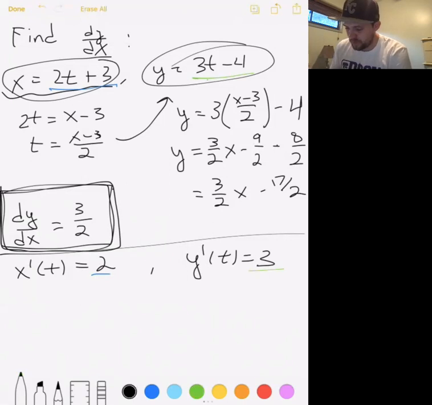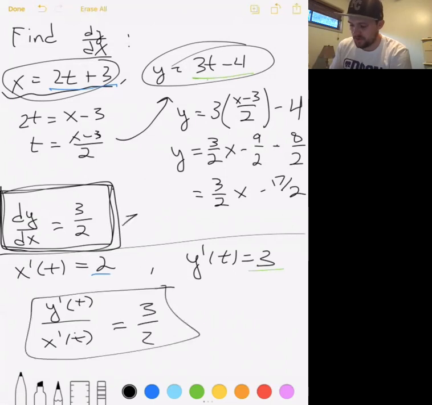And if we look at y prime of t over x prime of t, we get 3/2, which is the same as what we calculated from first converting back to rectangular coordinates. It is not a mistake that these are the same. This actually leads to a theorem.